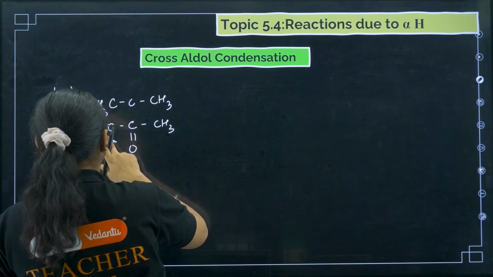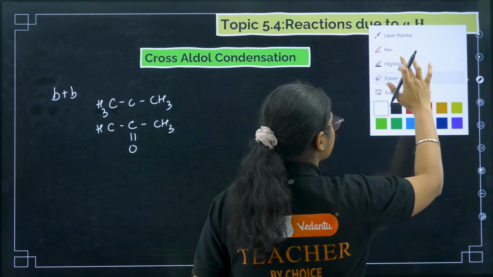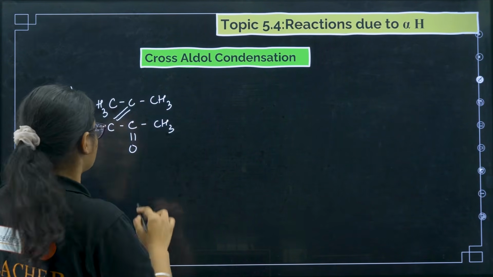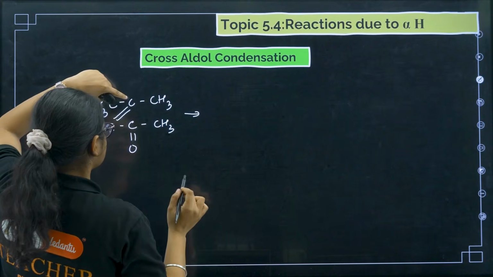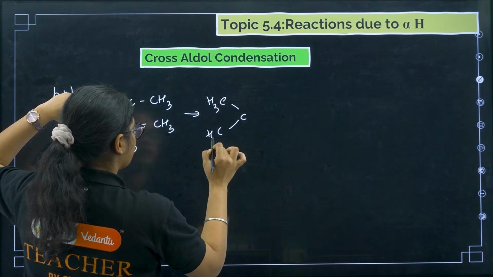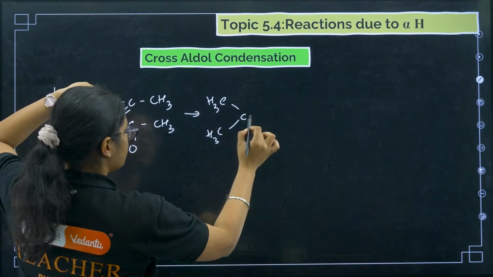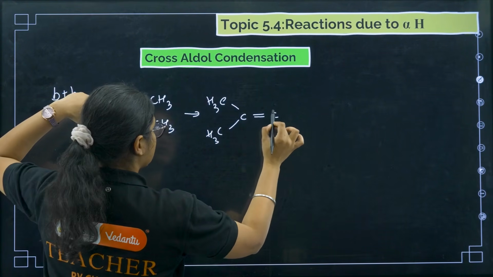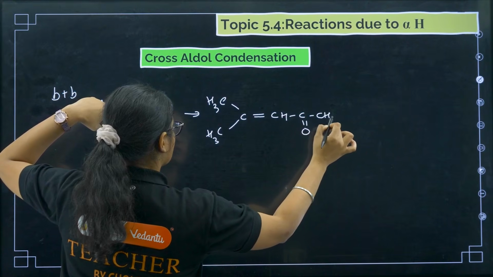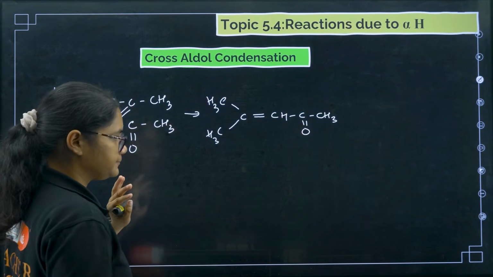Remove this one. Remove this one. 2 hydrogens, hydrogen you can balance. Connect it with the double bond. Okay. So what product am I getting? How will I write? See, this carbon is having 2 CH3 groups, this side double bond, this is one carbon, one side hydrogen, then you have like this. This is done.